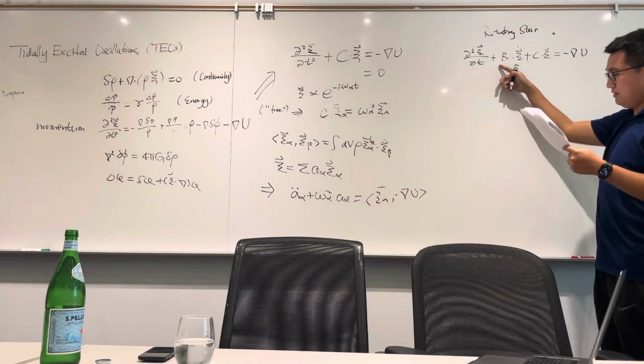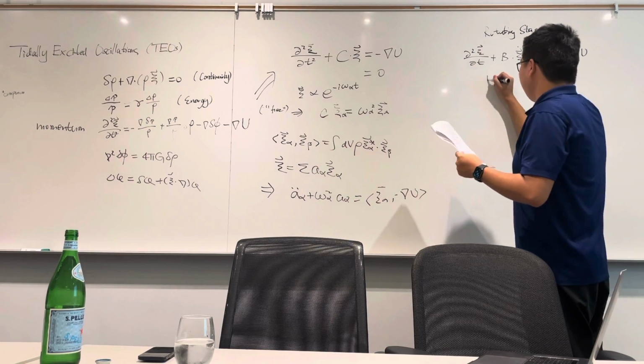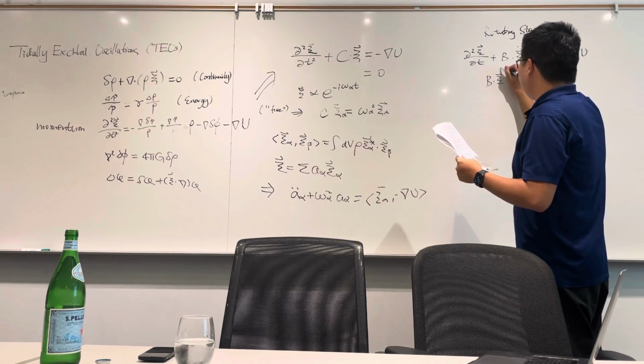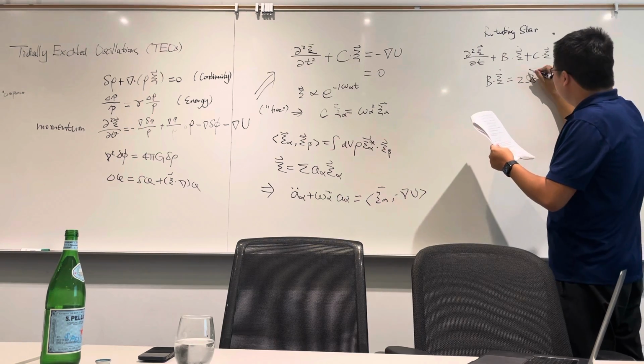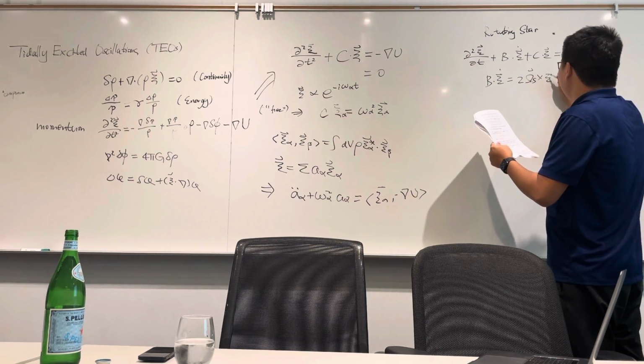So this B term is a Coriolis force, defined by B C equal to omega spin cross product C dot.